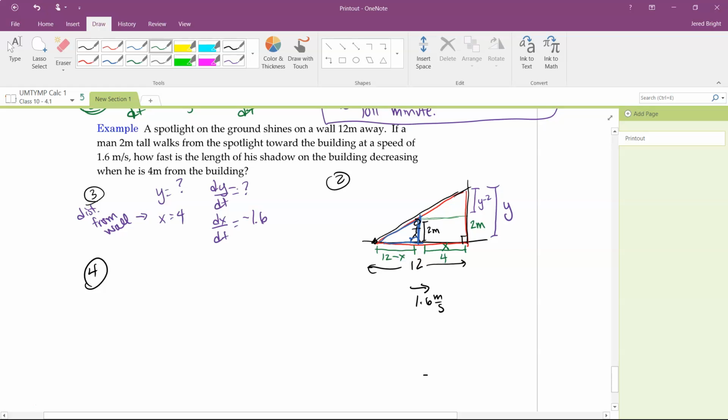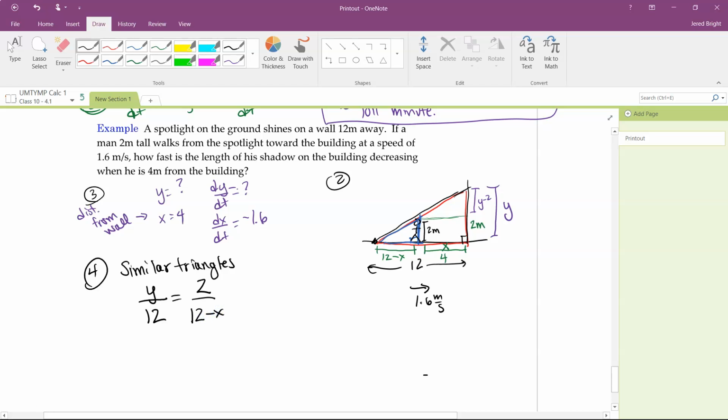What I'm going to do is set up equations for similar triangles. The vertical component of the big triangle, y, is to the horizontal component of the big triangle, 12, just as the vertical component of the small triangle, 2, is to the horizontal component of the smaller triangle, 12 minus x.